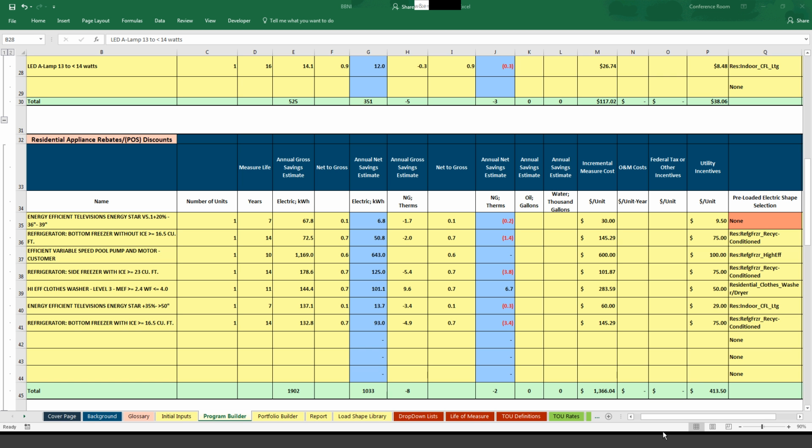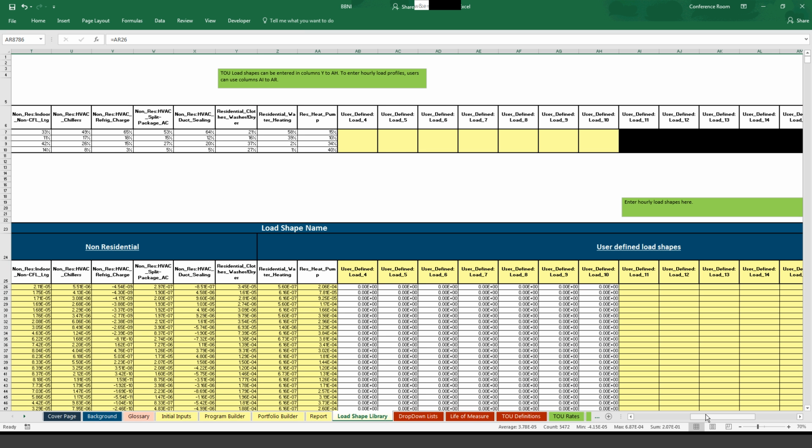I think Kiran mentioned that and maybe showed, but there's abundant opportunity in the load shape library tab to put in your own distribution of how the energy savings are distributed across the 8,760 hours of the year. So there's a lot of flexibility here to adapt the tool to your local conditions, both on the supply side and on the demand side.